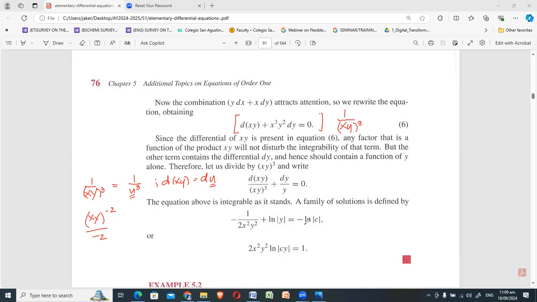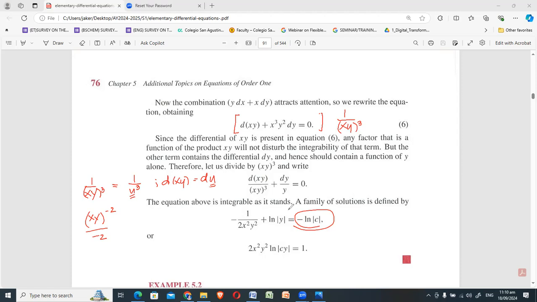You may ask, why do we have here a negative ln of c, Miss Ali? It's a manipulative way of writing the arbitrary constant of integration for the author, the one that made this, because he wants this particular answer to be simplified. You recall I'm saying to you that if the answer to your differential equation after integration yields an ln function, your c should be an ln of c.